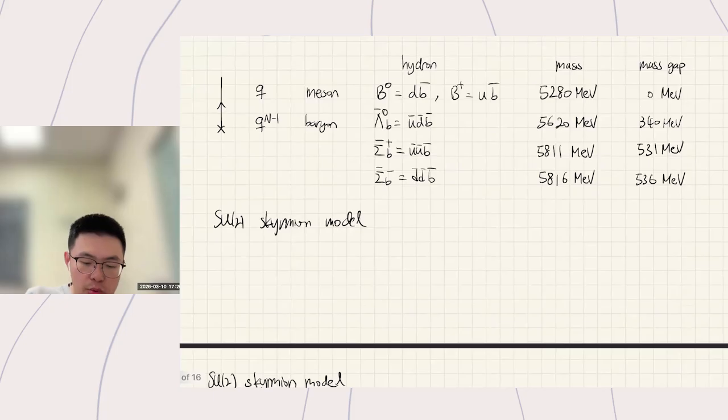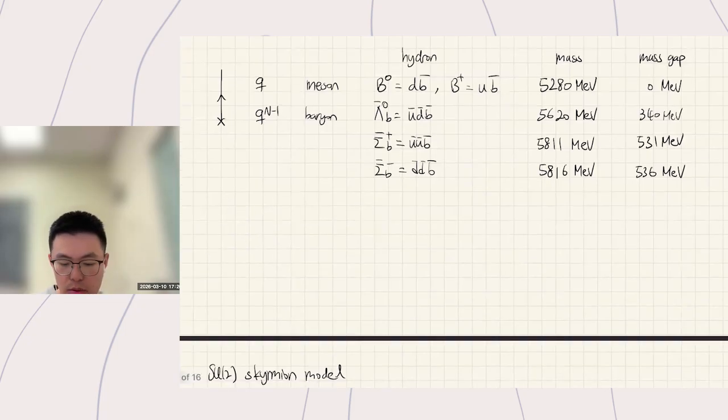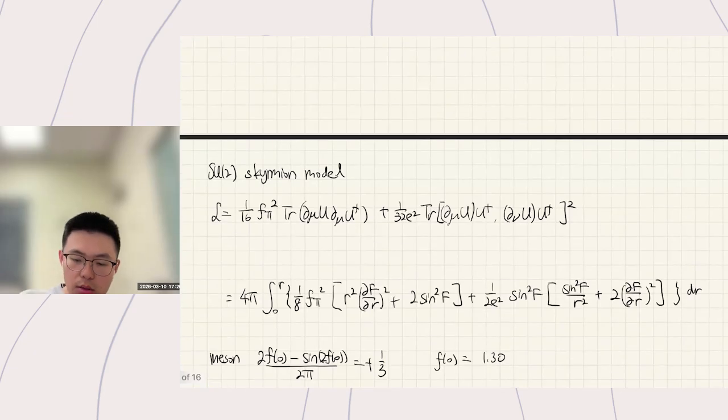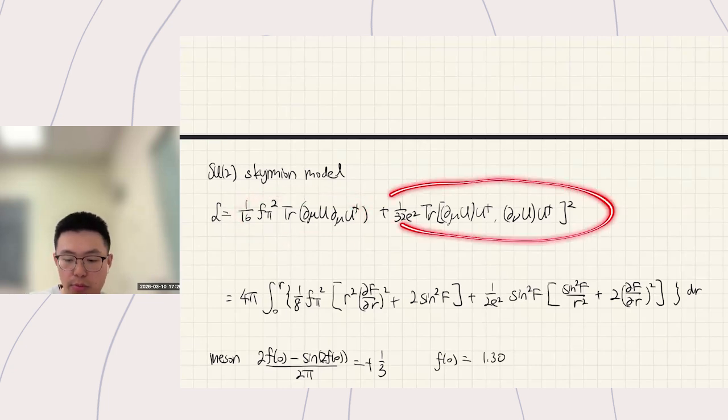So what is the SU2 skyrmion model? It's a nonlinear sigma model, which first has, actually, I think I already wrote it down, so I'll just go down here. So the skyrmion model has two kinds of terms. It has two derivative terms and also four derivative terms.